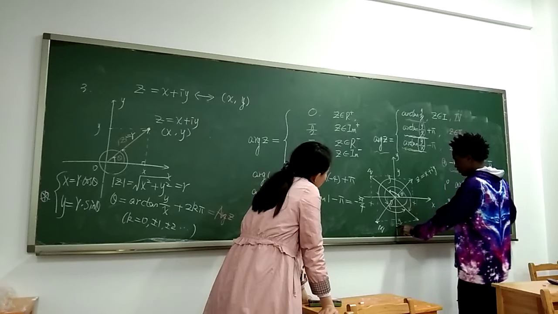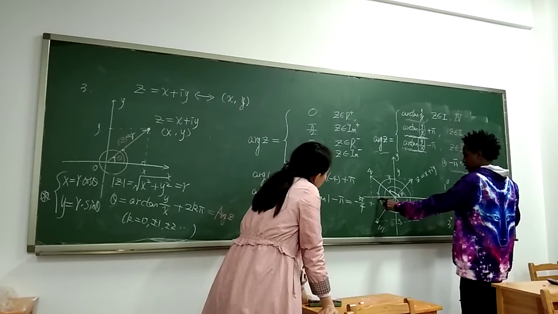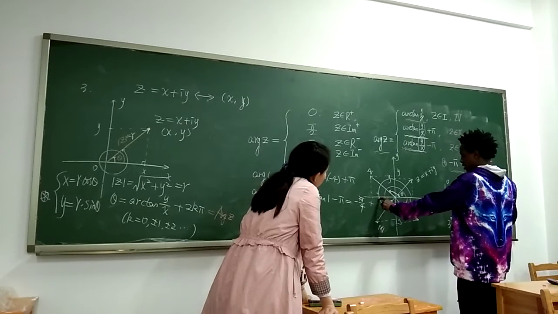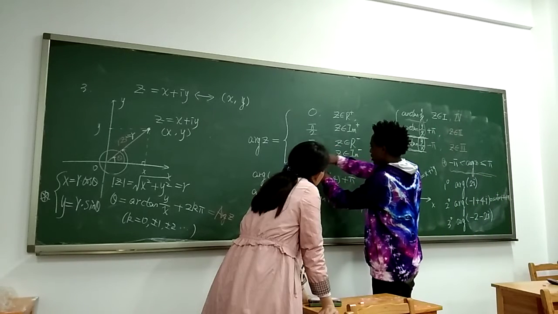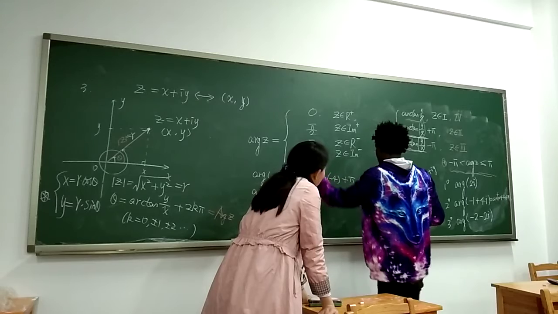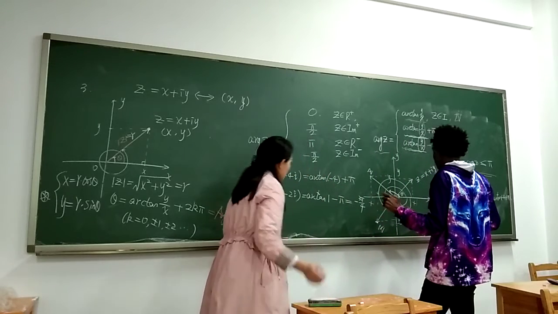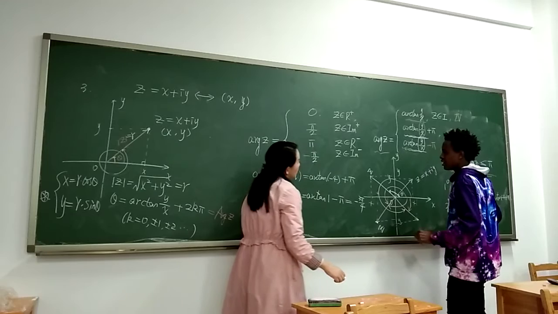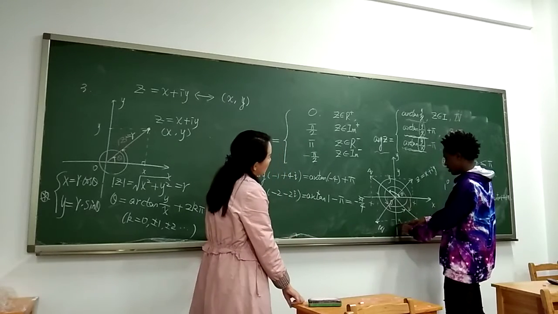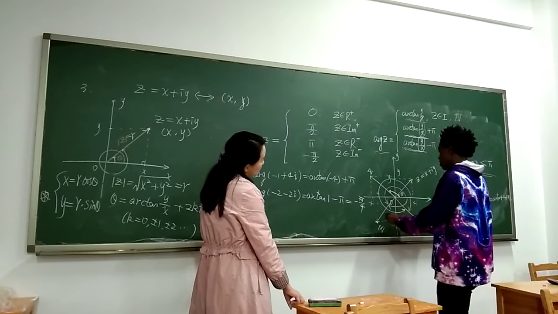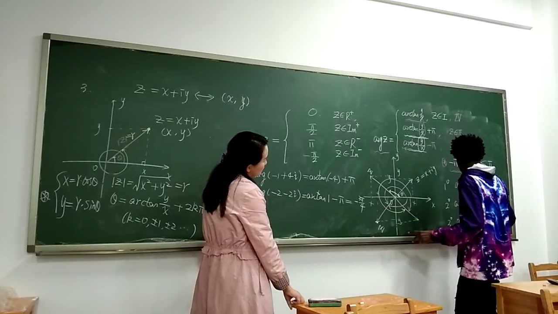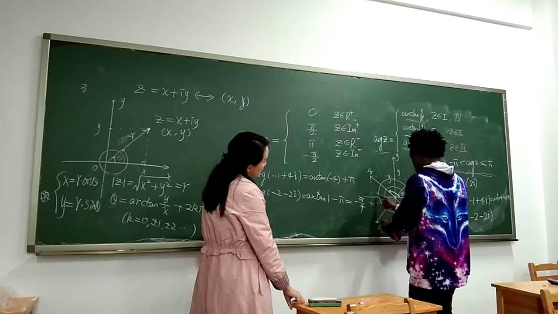Here it will be -2. Then we found that this number and this one will meet through this side.